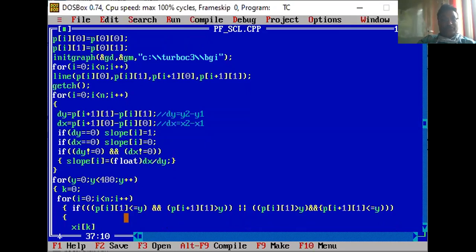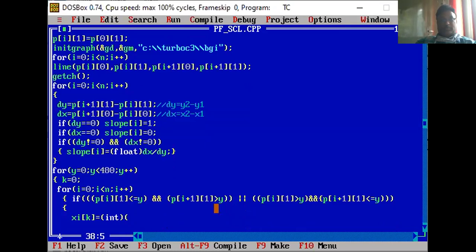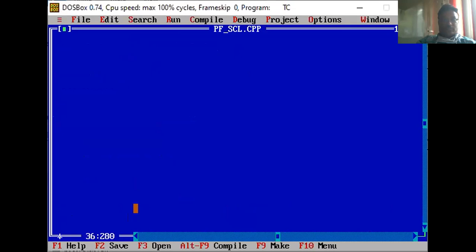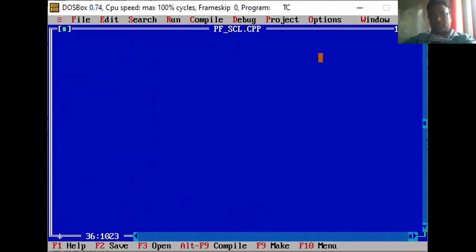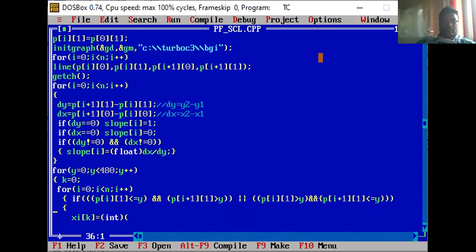So for the first intersection k0, xi 0 is equal to, suppose an integer, p of i, the first value, plus the slope.